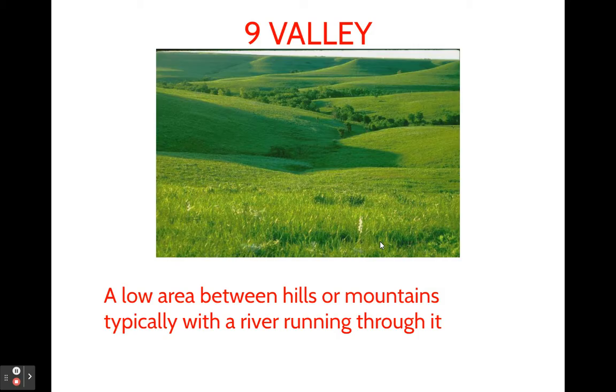Usually the low point of the valley is where the water would run through it. And then a lot of towns end up being built in valleys because they have that water source from the runoff from the mountains as a resource.